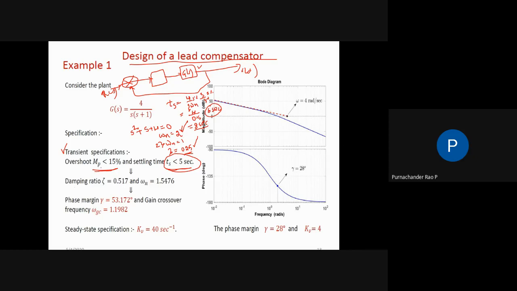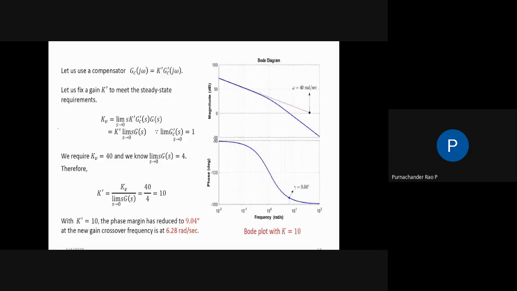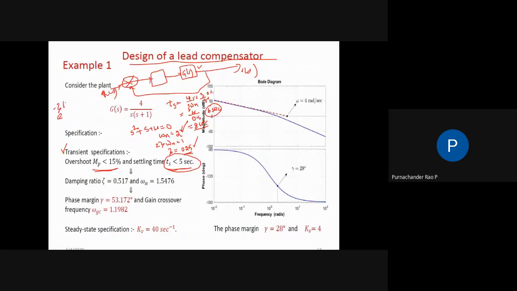You know that the peak overshoot formula is e to the power of minus zeta into pi divided by root of 1 minus zeta square, into 100. If you take this as 15%, you are going to get zeta equal to 0.157, but our value is 0.25.